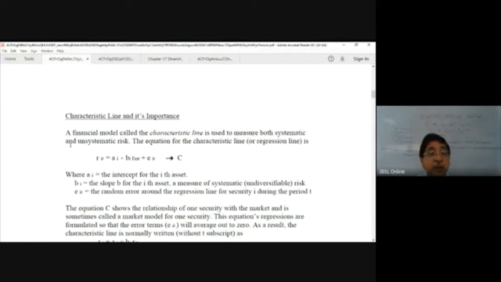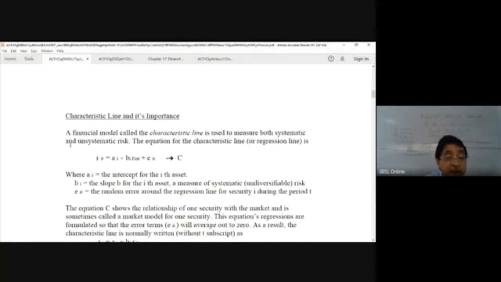Now here you can see that this equation shows two variables. One is RIT, the return of the particular security at time T, and the other variable is the market return at time T. These two variables are related.